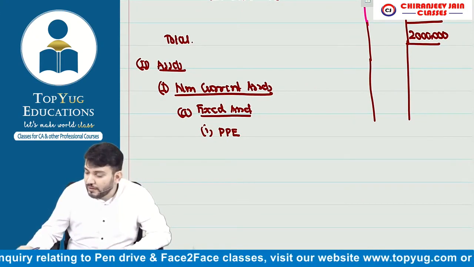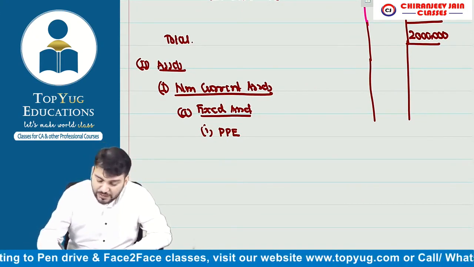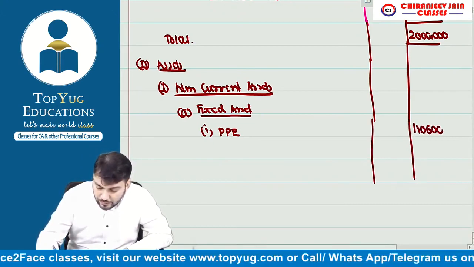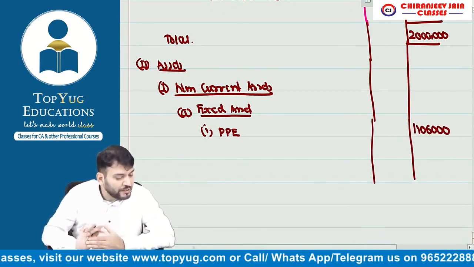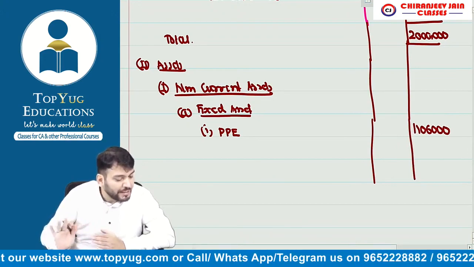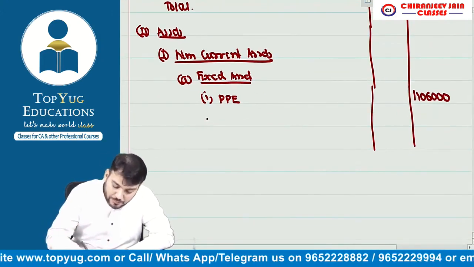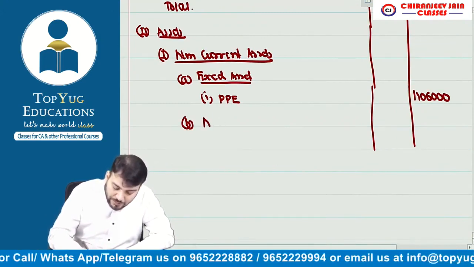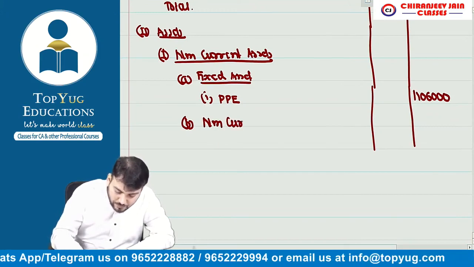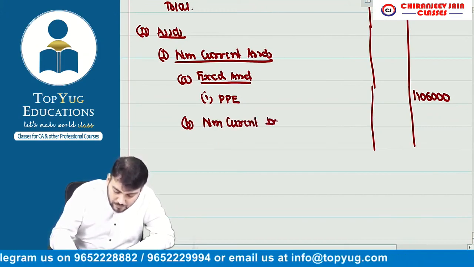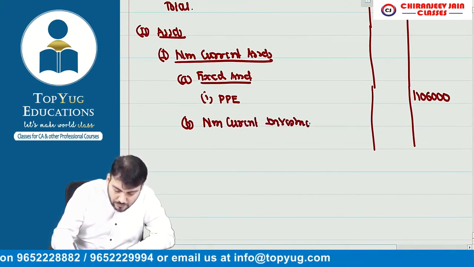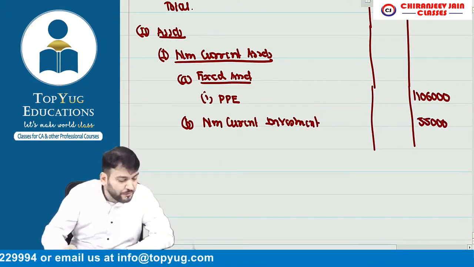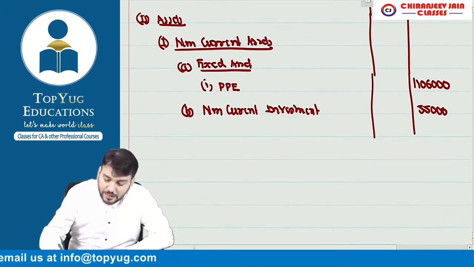So 11 lakh 40 minus 34 is equal to 11 lakh 6,000. So make this 11 lakh 6,000. Then patent and copyright will not come. Investment will come. Look at point number B, non-current investment. That is now 55,000.